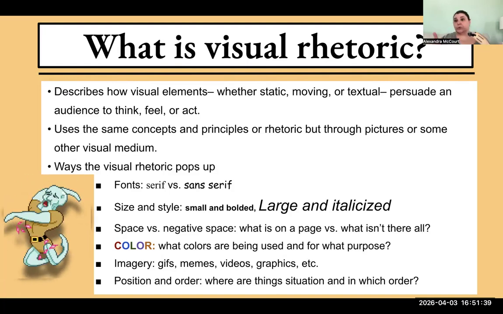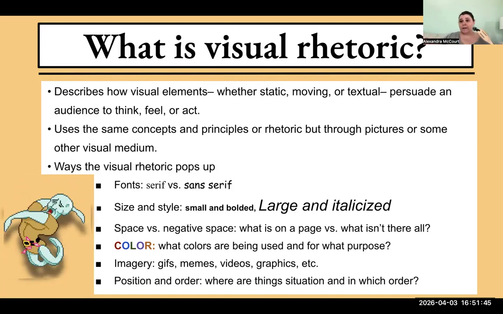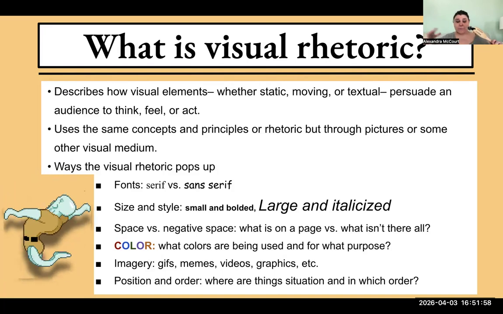Those are rhetorical visual choices that we can make. Size and style is something small and bolded, large and italicized, a combination thereof. Space versus negative space is another big one. So if something takes up space, that is rhetorically relevant, right? Because if something's taking up space, we're meant to have our attention drawn to it.